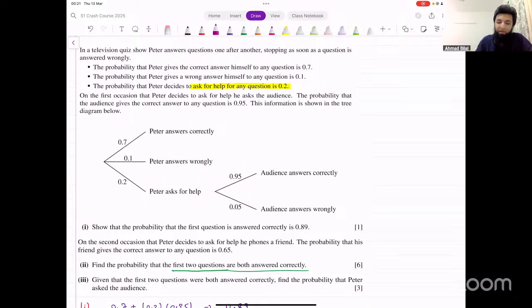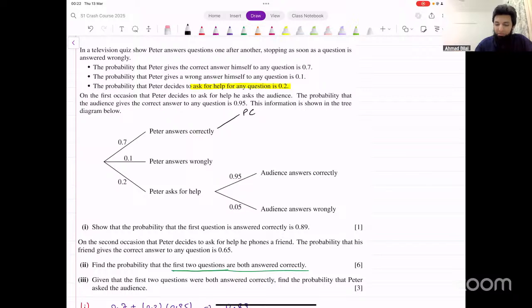But then if he gets the question correct, what are the three options that are going to be there? For every question, he can give the correct answer himself with a probability of 0.7. So we can say he can answer the question correctly himself. Let's denote it like this. Peter answers the question correctly himself.